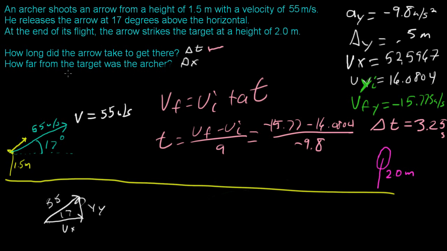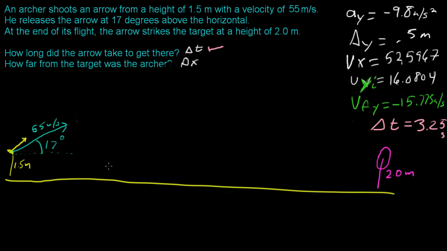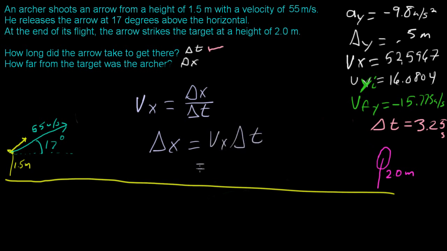I want to find how far from the target the archer was. So we're looking for delta x. So let's see. Alright, so if we're finding delta x, remember this is a constant velocity, so Vx just equals delta x over delta t. Well, we know delta t, we know Vx, so we can just solve for delta x. Delta x is going to be Vx delta t.